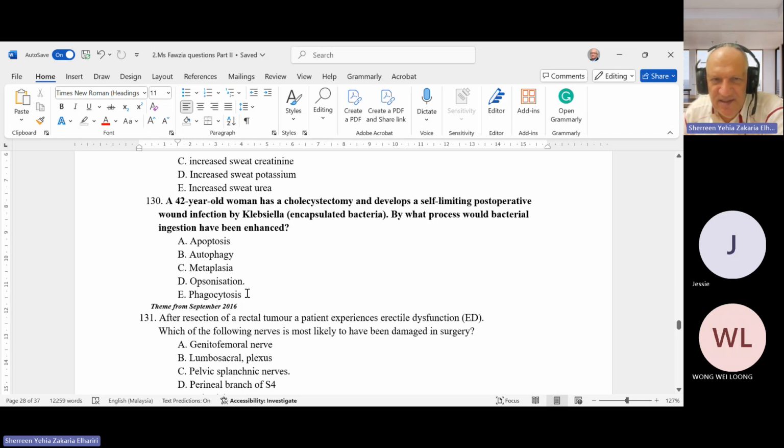Phagocytosis and opsonization are the same mechanism of killing the bacteria, but the difference is that phagocytosis is direct killing of the bacteria by the macrophage, but in opsonization the bacteria are killed after coating by opsonin secreted from the spleen. In some books they say this opsonin is like a ketchup you put on the food so it becomes tasty. So this opsonin helps the bacteria to be identified and ingested by the macrophage.